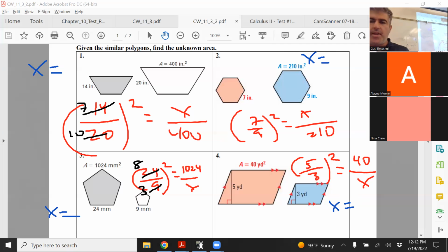Yeah, so it's a lot of just cross multiplying and solving for x. Of course, you have to square the scale factor too. You got to do that first before you cross multiply. Yeah, go ahead, Shane. What was that? Yeah, that's fine.